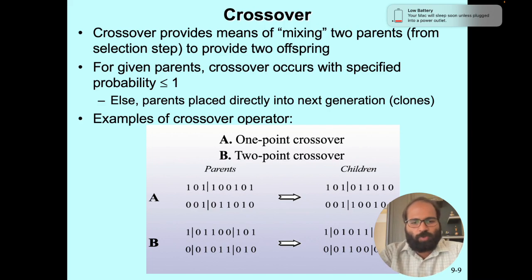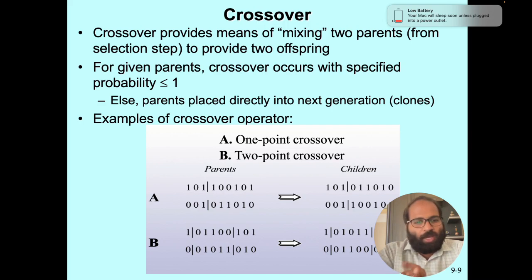The probability will be like 0.something, and it will never exceed 1. Why is it done? Because if the probability is greater than 1, the parents will be directly placed in the next generation, which we don't want in an evolution. Only the modified version of the parent will be taken to the next generation, and not the exact copy of the parent.